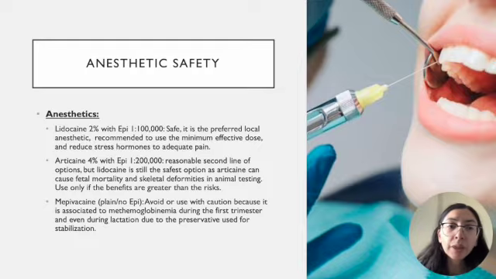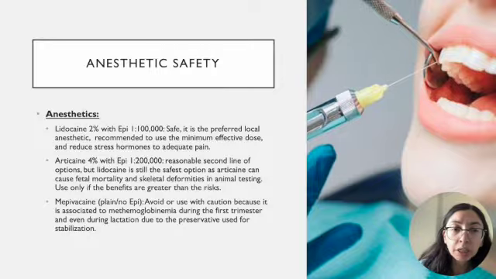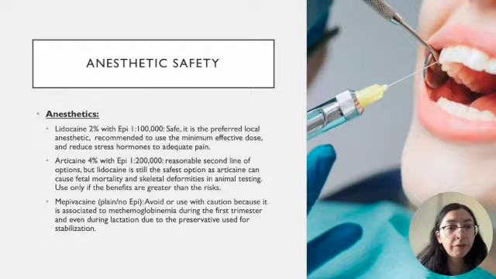Articaine 4% with epinephrine is a reasonable second-line option, but lidocaine is still the safest option as articaine can cause fetal mortality and skeletal deformities in animal testing. Use only if the benefits are greater than the risk.